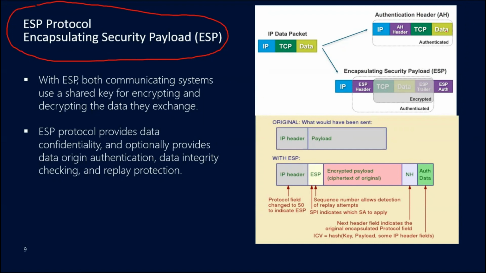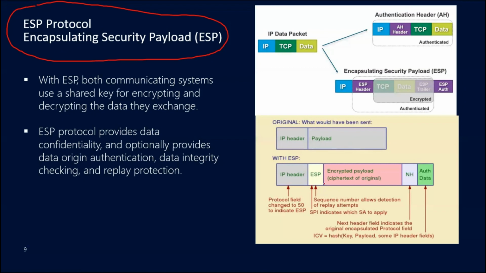So let's see what happens in the ESP protocol. Suppose this is our original data, having an IP header and payload. What happens basically?